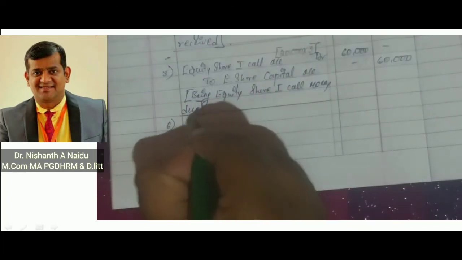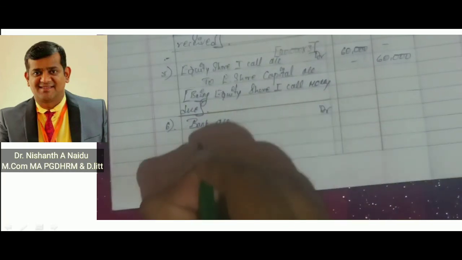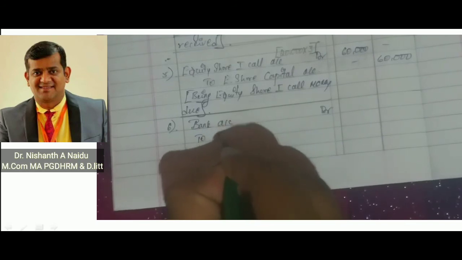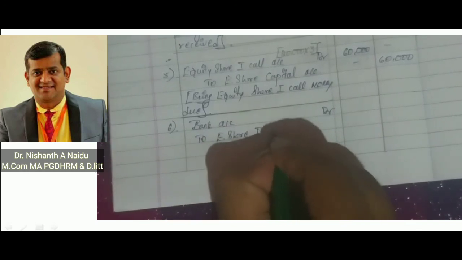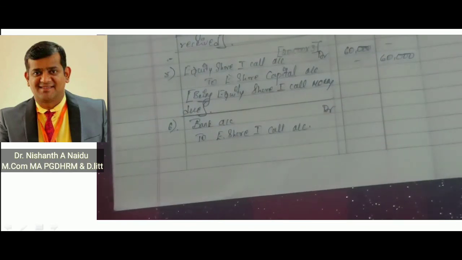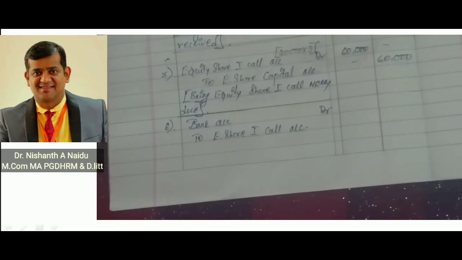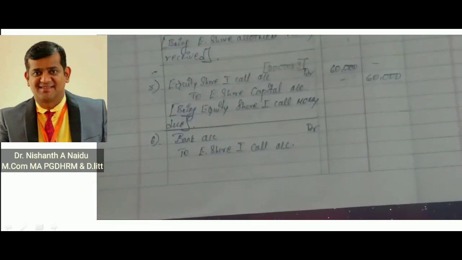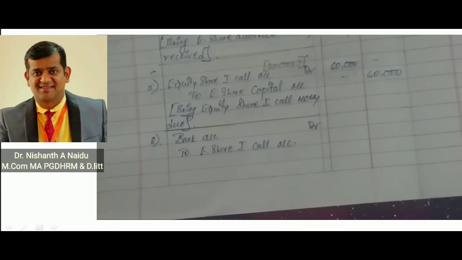That is going to be bank account debtor to equity share first call account. Correct. Now in the problem it has been clearly said there is a person who failed to pay first call money on 1000 shares. Try to understand this adjustment.